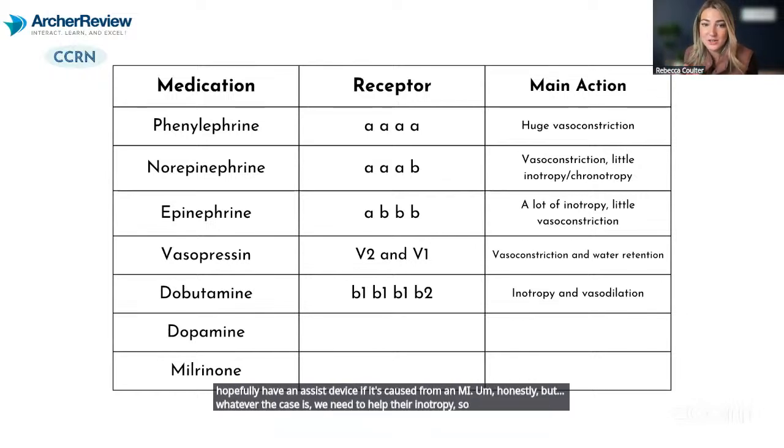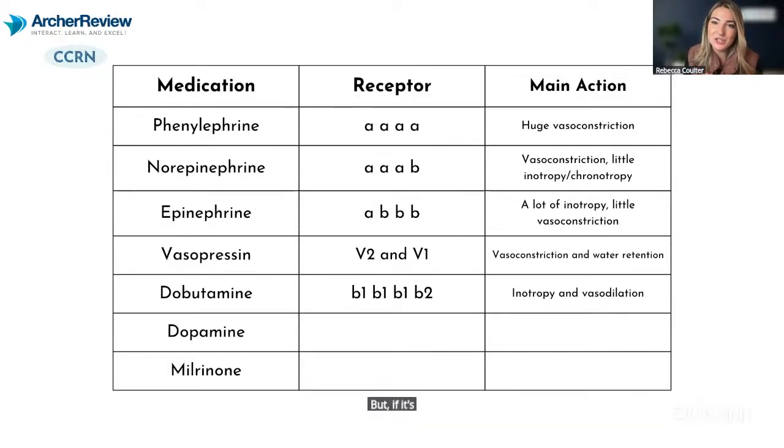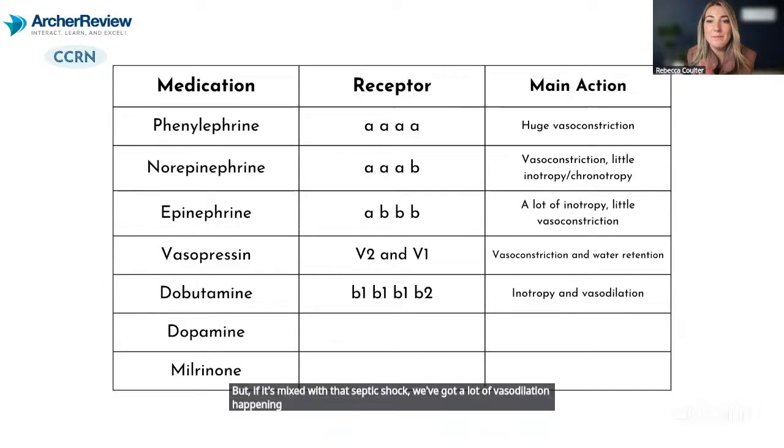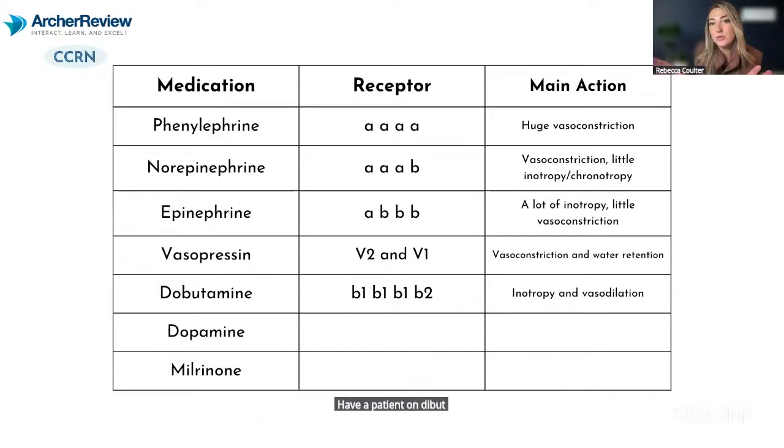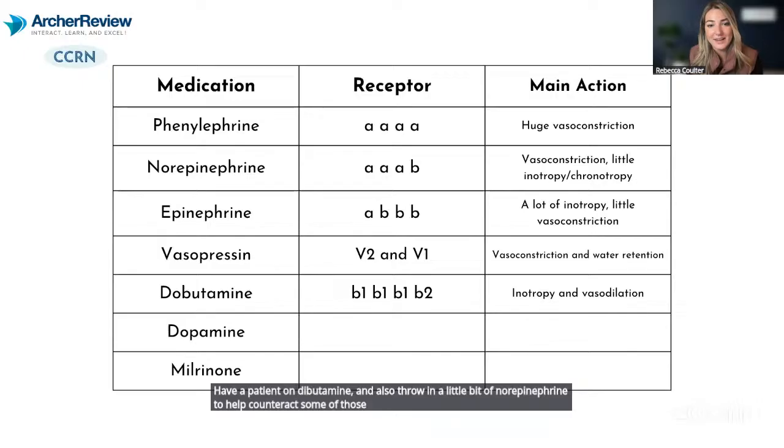So we're going to start something like dobutamine. But if it's mixed with septic shock, we've got a lot of vasodilation happening already. So we might have a patient on dobutamine and also throw in a little bit of norepinephrine to help counteract some of those vasodilation effects.